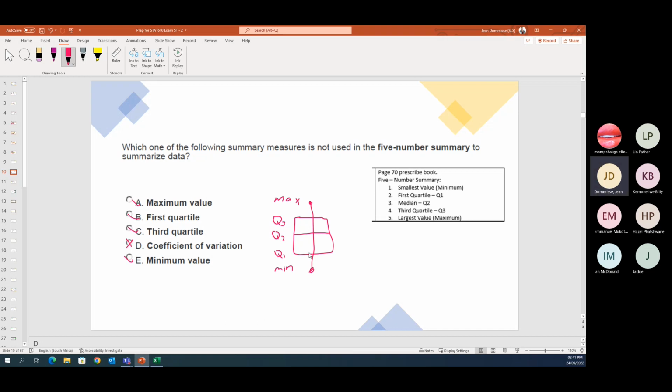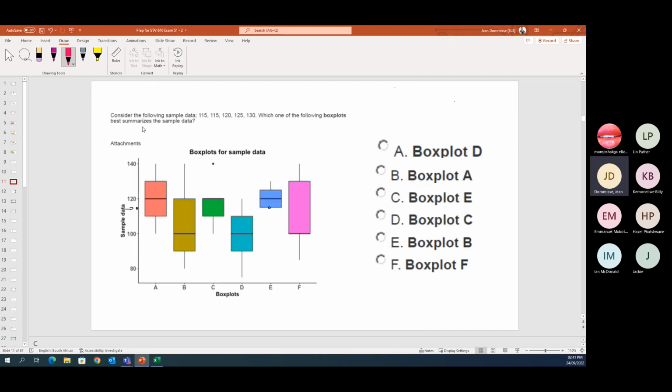Okay, so again, some definition questions thrown in between the ones to work out. So that automatically then goes into how they present the five number summary box plots.